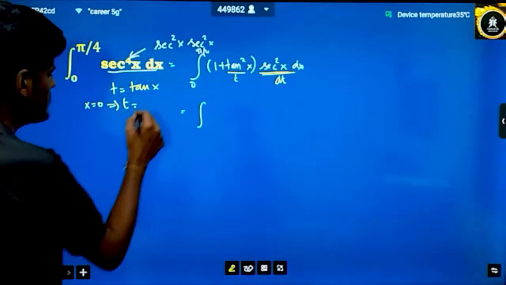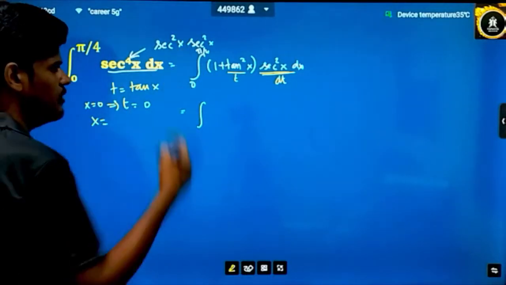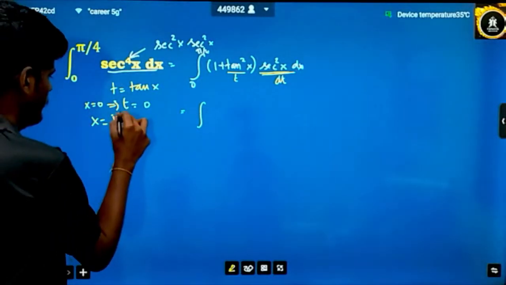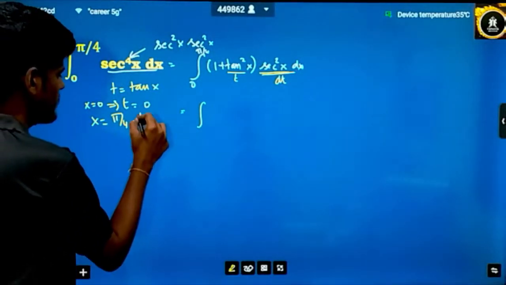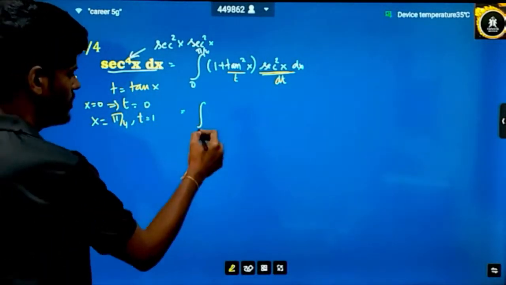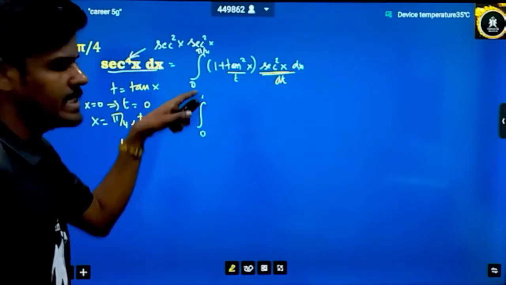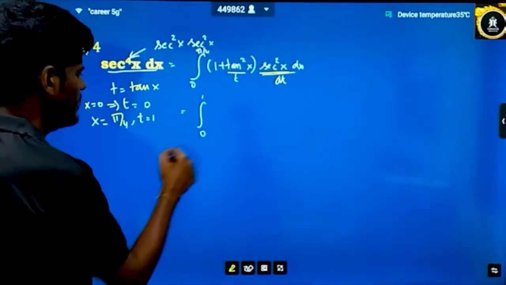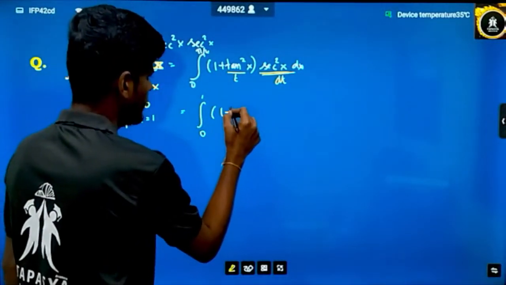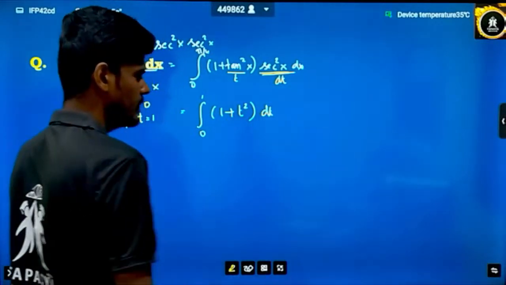That is tan 0, which is 0. Now when x is equal to pi by 4, what is the value of t? That is tan pi by 4, which is 1. So this limit gets converted into 0 to 1. Always remember to change the limits. Then this integral will become the integral of 1 plus t square dt.